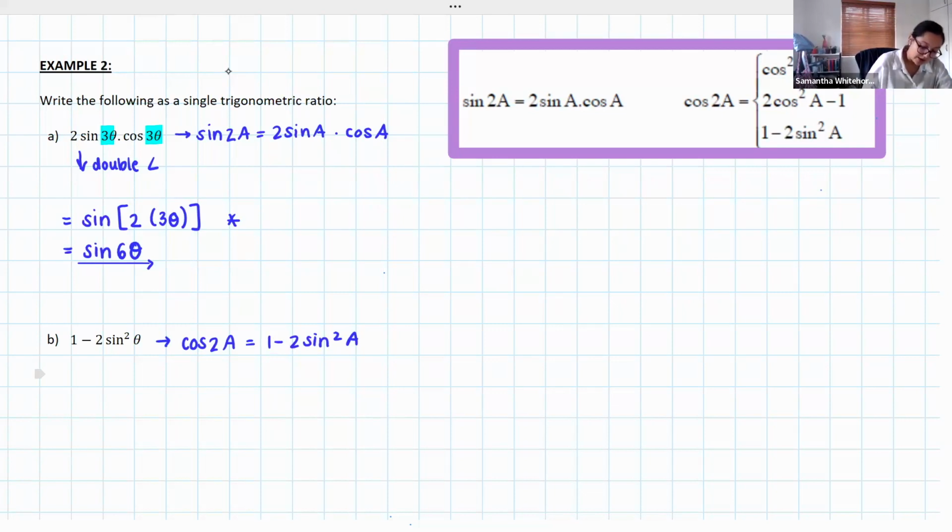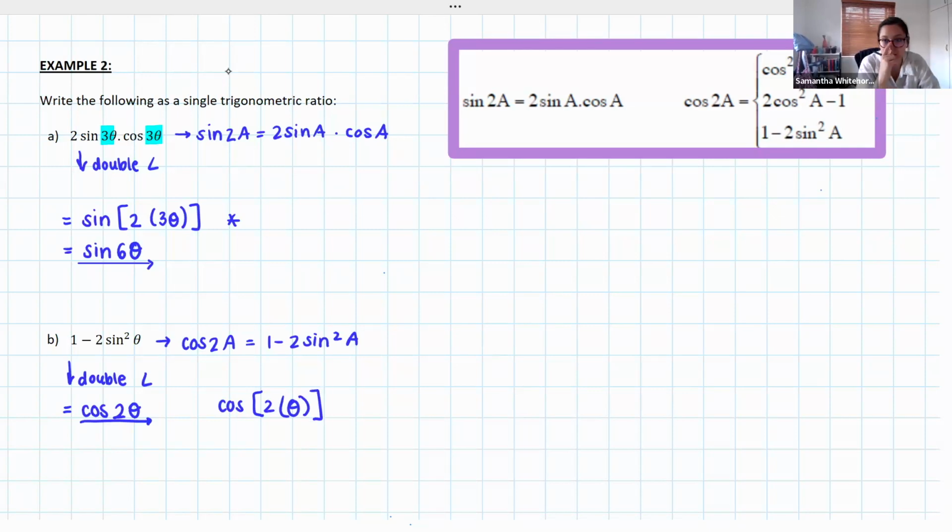Right, remember we're going to the double angle, which means that the angle we were given, we need to double. So this means we're working with cos of 2 theta. I took the angle that I was working with, theta, and I doubled it because we want to get to the double angle, the simplified expression with our double angle.